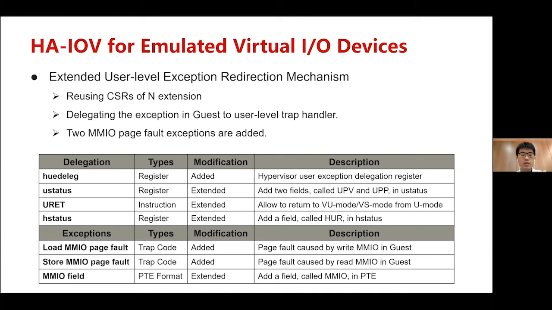To implement this, a new field called MML is added in the PTE. When the MMU accesses the PTE at the second-stage translation and the MML is set in the PTE, an MML page fault will be raised.